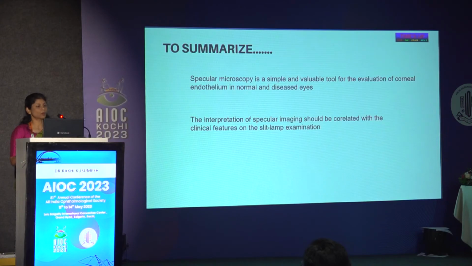So specular microscopy is a simple and very valuable tool for evaluation of the corneal endothelium in normal and diseased eyes. But the interpretation of these specular micrographs should be in correlation with the slit lamp findings.